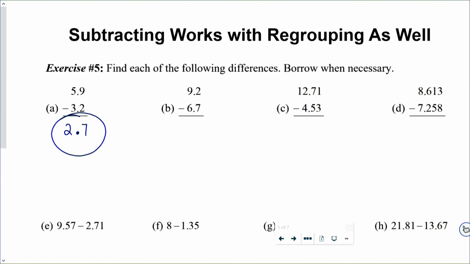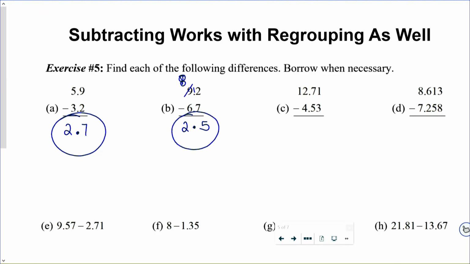On the other hand, if we move to letter B, where we have 9.2 minus 6.7, just like 92 minus 67, we would have to borrow 10 from that 9 to make that into a 12. 12 minus 7 then is 5. Then we've got our decimal point. That should look like an 8, even though it doesn't. 8 minus 6 is 2.